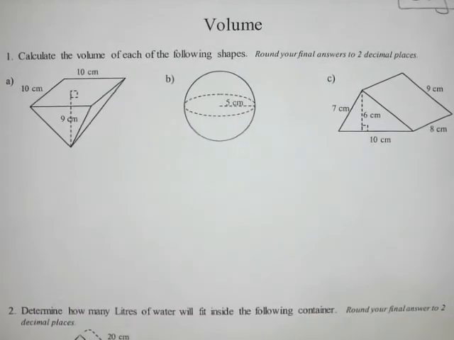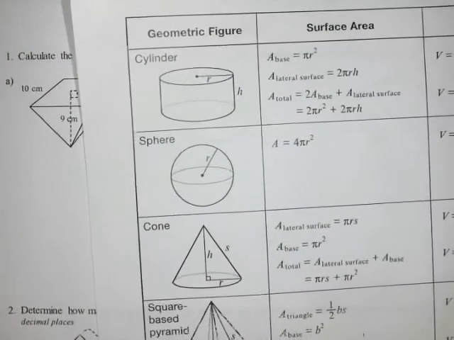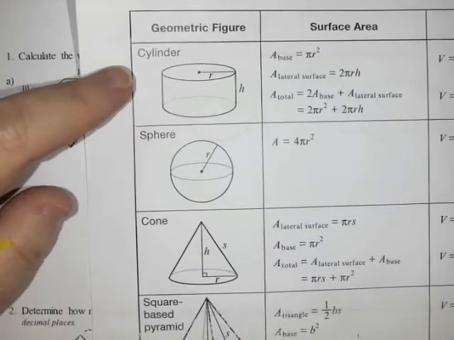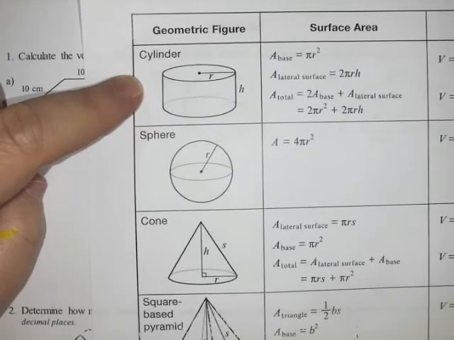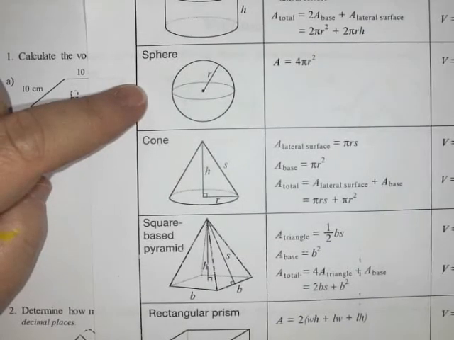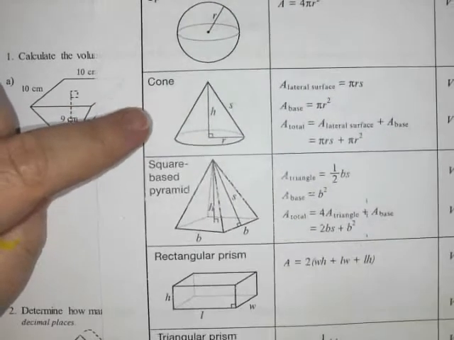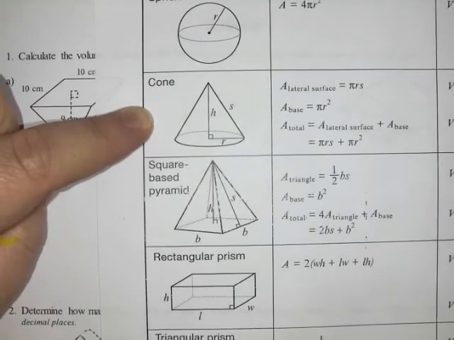And if you look at your formula sheet, on the back side of your formula sheet are the 3-dimensional shapes. So there are 6 of them together. We have a cylinder, so that would be something like a can. A sphere, that in the real world would be like a ball. A cone, so an ice cream cone, a party hat, a safety pylon.